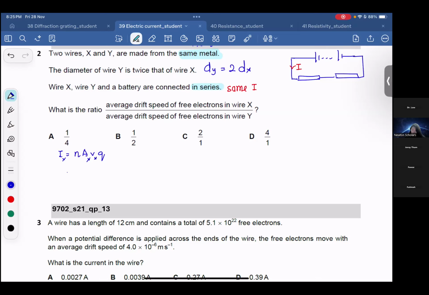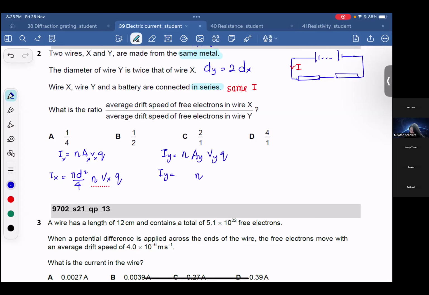So Ix equals n times pi d squared over 4 times Vx q. Then Iy will be n, A y, Vy q.